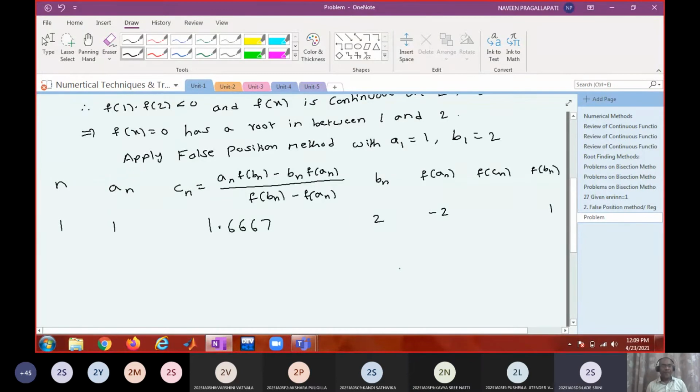Yes. Now you substitute this c1 in f and tell me the value.